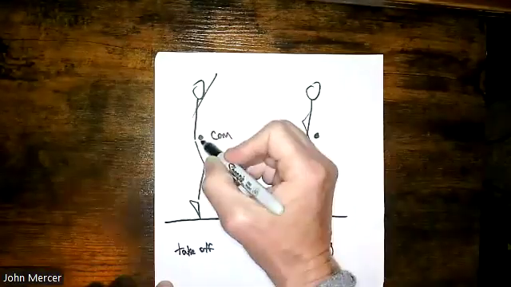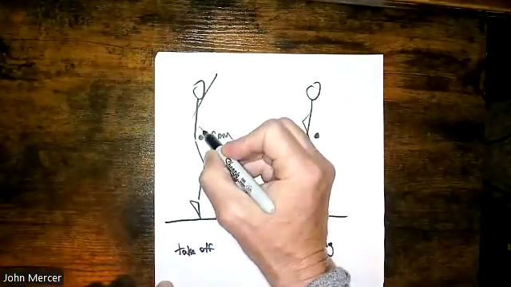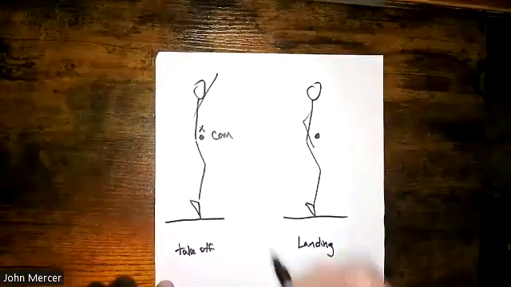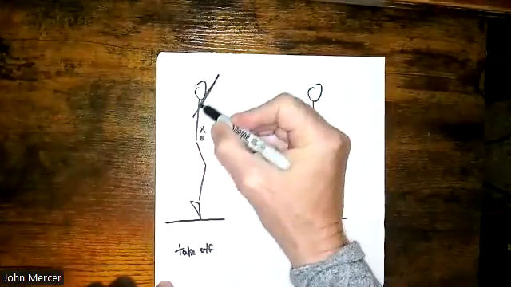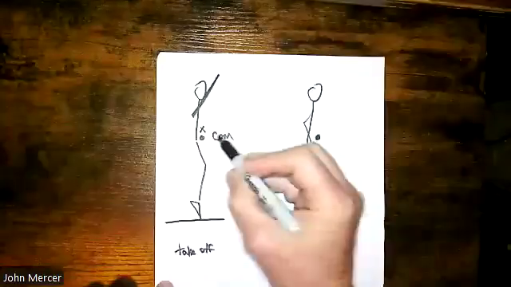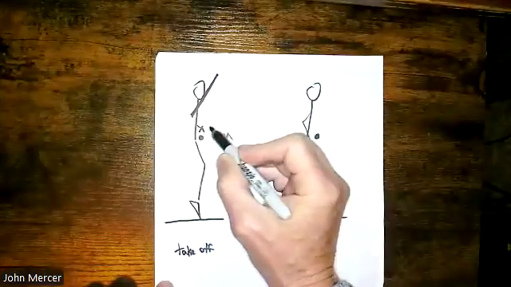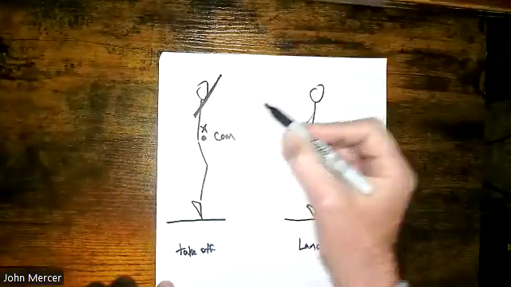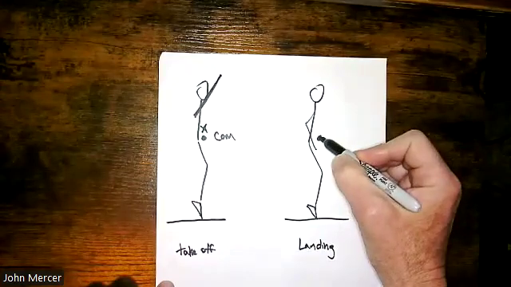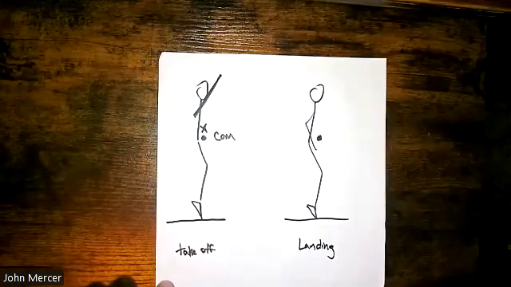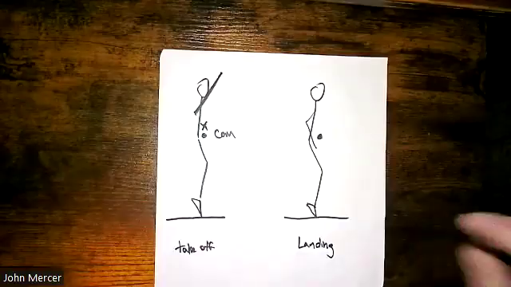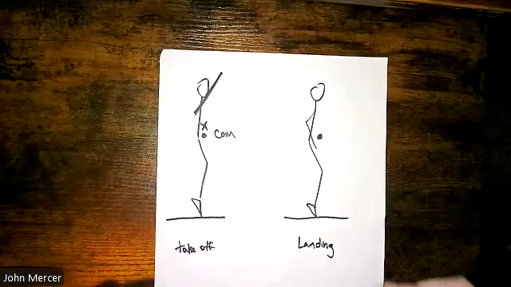Well, when that happens, that actually moves the center of mass up when the arms are up in this position. So now we have a situation that the center of mass is at this height at takeoff, but it's at this height at landing. And now we violated our calculations of jump height. So what do?